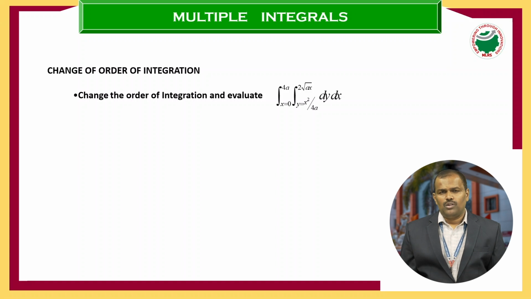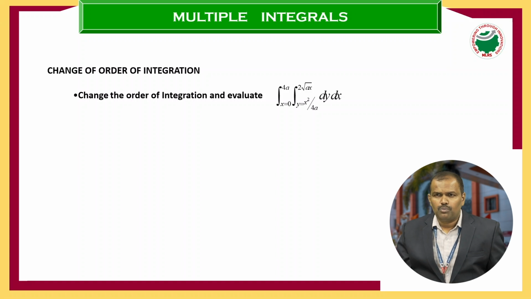Sometimes the region can be split into more integrals, and finally we add all those integral values to get the value of the given integral. First I will explain one problem, and then splitting of regions with another problem.